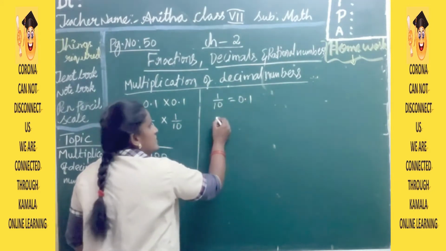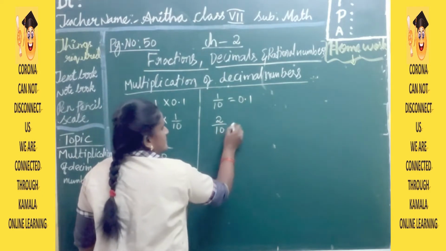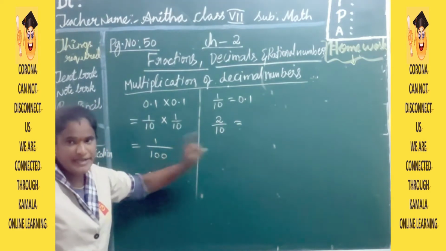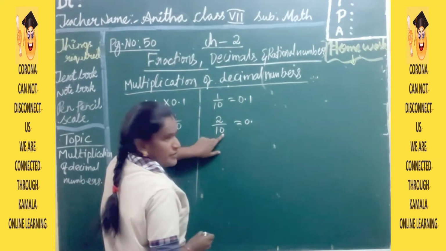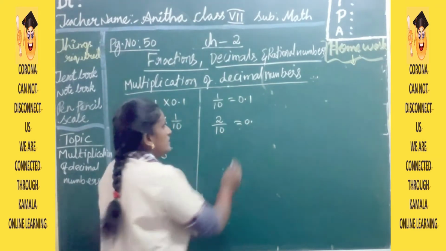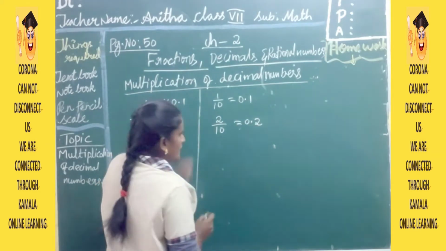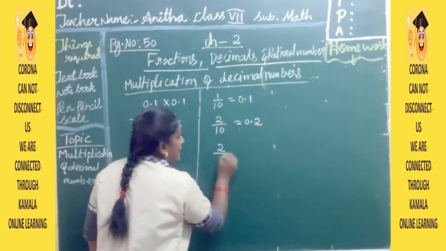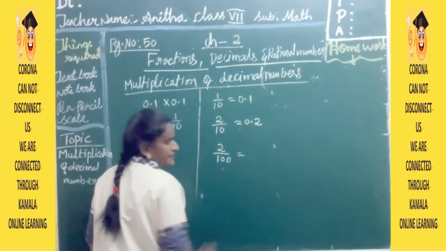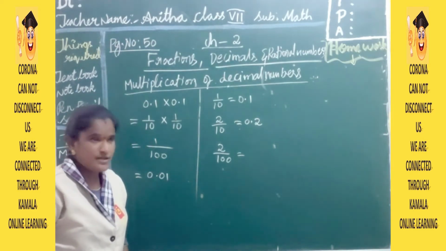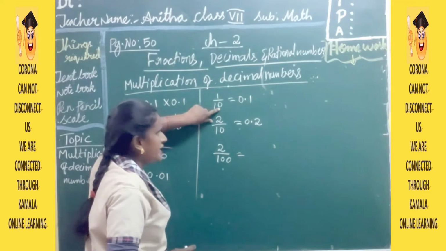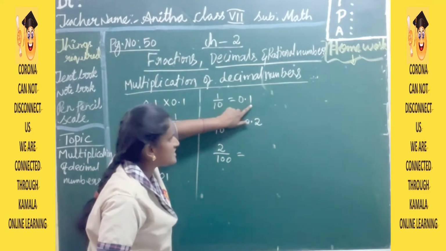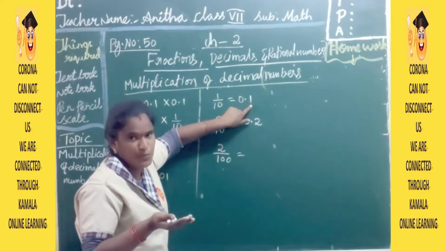For example, 2 by 10 is there, children. 0 point. How many zeros are there? Only a single zero, so we get 2. For example, 2 by 100. How many zeros are there in the denominator's place? That many digits will come after the point.